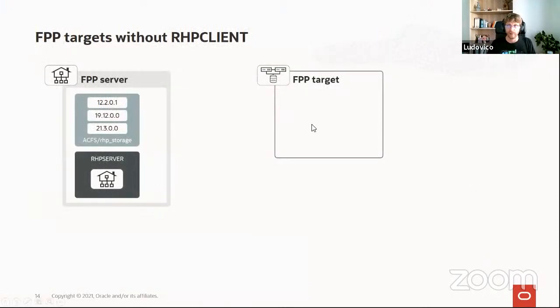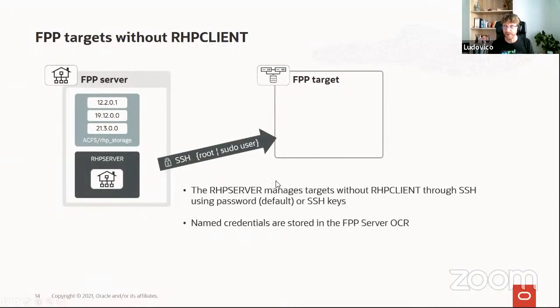So the normal target, as I said, uses SSH, which means that we have to provide credentials. And the credential could be root, could be a sudo user. And the sudo user must have sudo root privileges. Why? Because in the lifecycle of a database, we need to create and delete Oracle homes. And in order to create the Oracle homes, we need to create the mount point that might not exist. So we might need to write in the root file system.